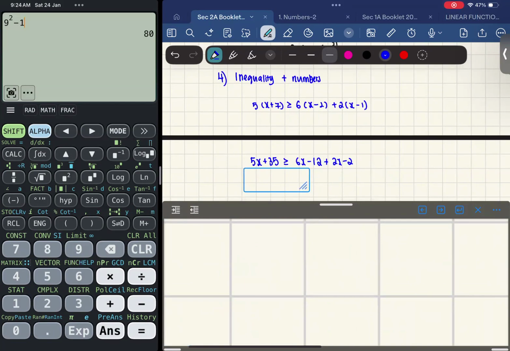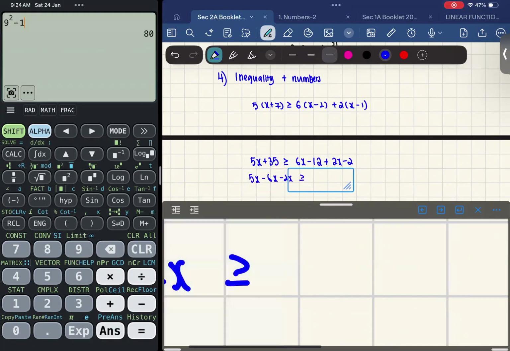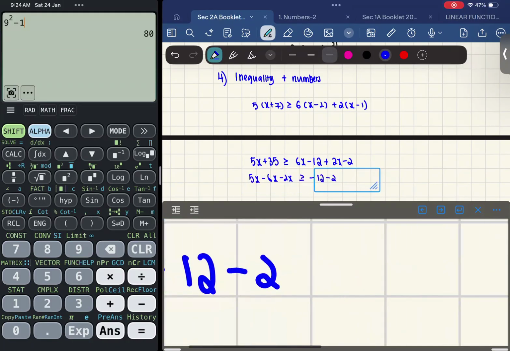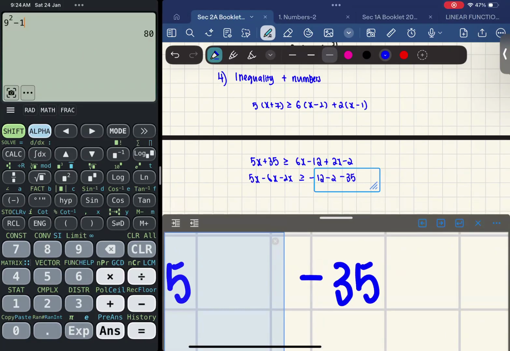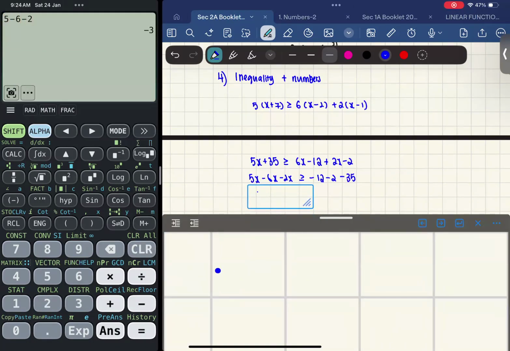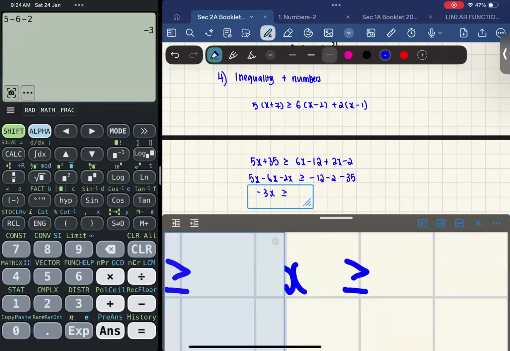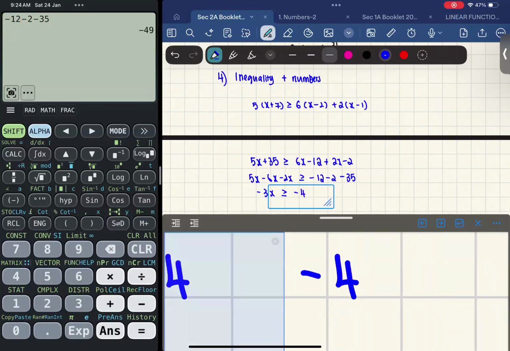Then we make x to one side. 5x minus 6x minus 2x is more than or equal to negative 12 minus 2 minus 35. So we have negative 3x is more than or equal to negative 49.